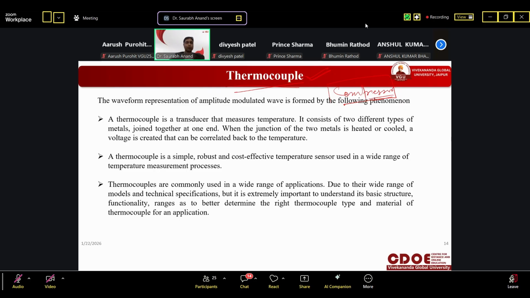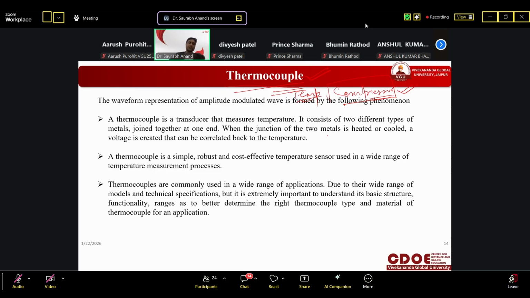How? Who will inform the compressor that it should start? The thermocouple. It will continuously sense the temperature because we have set the temperature at 19. If it becomes more than 19, the compressor will be started and it will maintain the temperature again at 19.